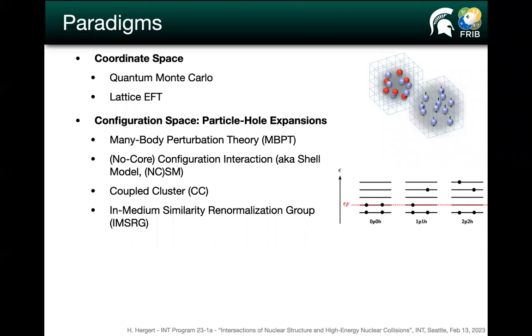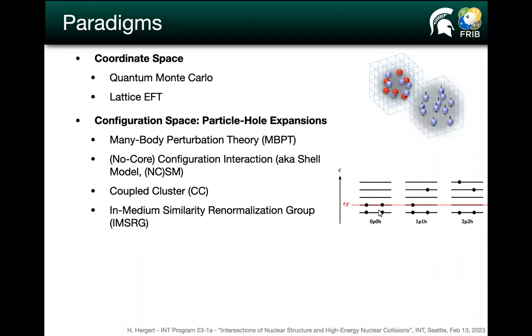Then there's a very large category of methods which work in configuration spaces of specific many-body wave functions. Typically they do so by using an organization in terms of particle-hole expansions. What I mean by that is sketched to the right here. You follow your essential intro to many-body quantum mechanics principle.